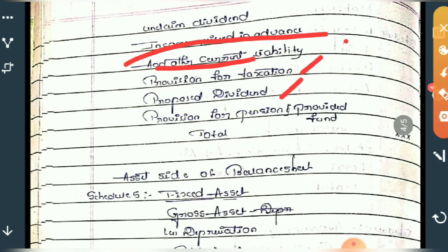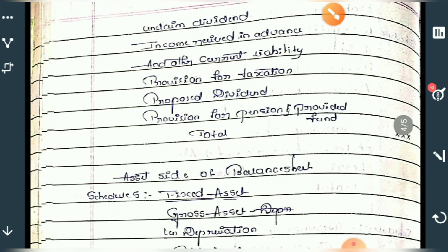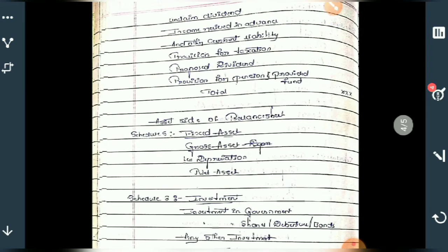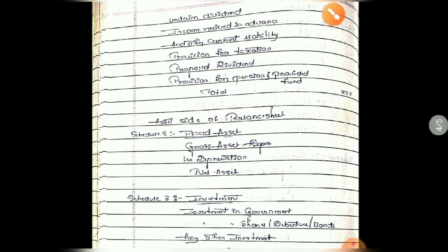So provision for taxation, proposed dividend, provision for pension and PF, such provisions will come under this particular schedule. Then you have to calculate this amount and take this amount to your main balance sheet format.